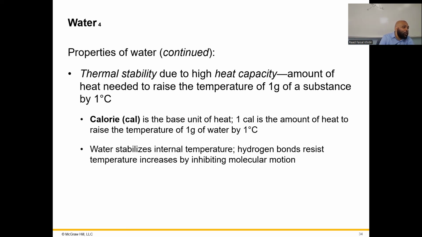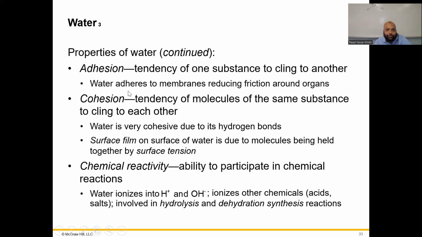So we use water as sweat for thermal stability, due to the high heat capacity and the amount of heat needed to raise the temperature. Specific heat capacity is the amount of heat required to raise the temperature of 1 gram of a substance by 1 degree Celsius.